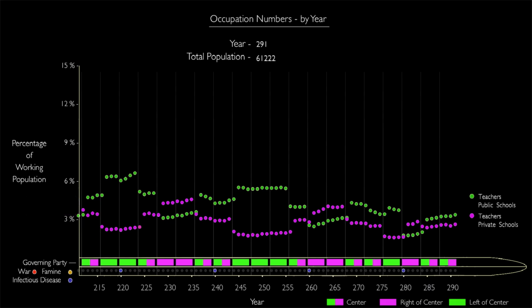Then the left of centre party increases funding for public schools, which results in more public school teachers, and decreases funding for private schools. And when the right of centre party gets in, they reverse the funding levels, and hence we see the number of public school teachers go down, and the number of private school teachers go up. And this pattern continues on for the rest of the century, as political parties come and go.